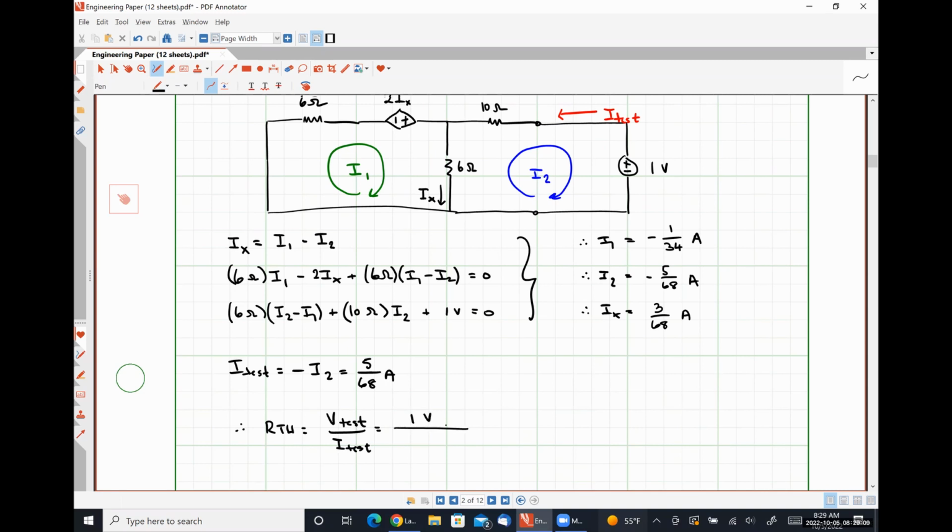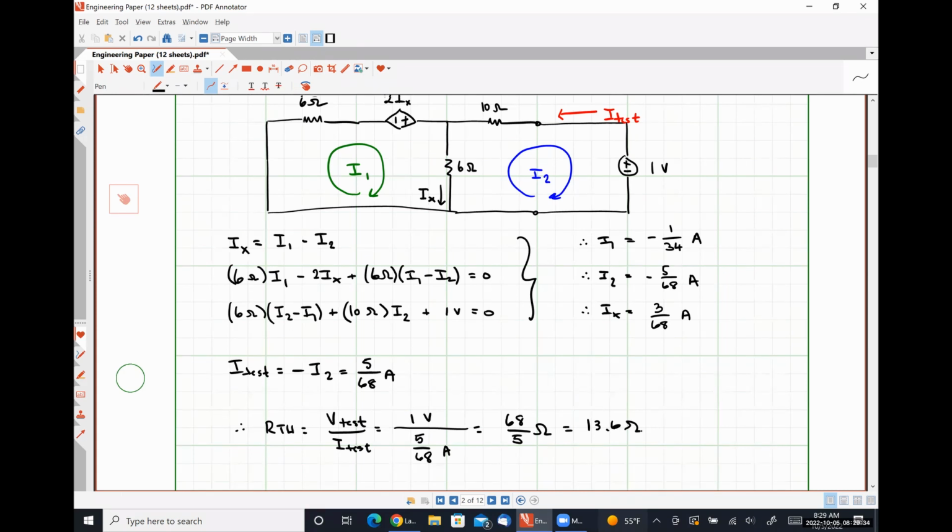So this is going to be 1 volt over 5/68 of an amp, which looks like 68 over 5 ohms, which is exactly 13.6 ohms. We got the exact same result that we got knowing both the Thevenin voltage and the Norton current.